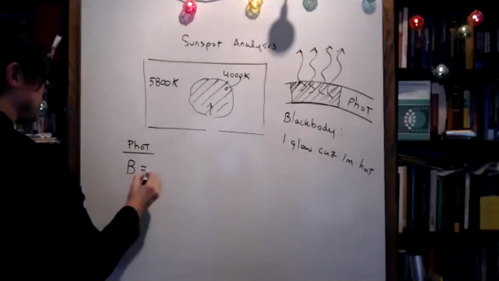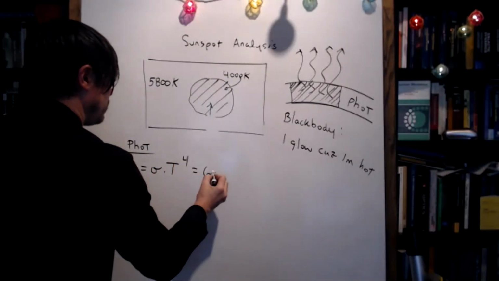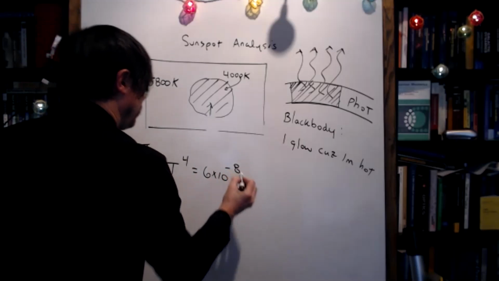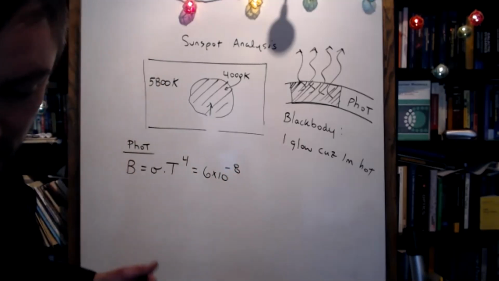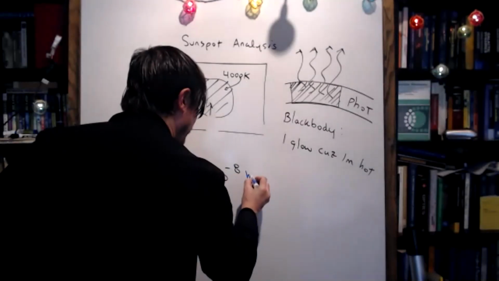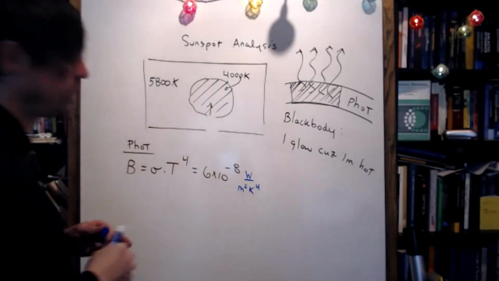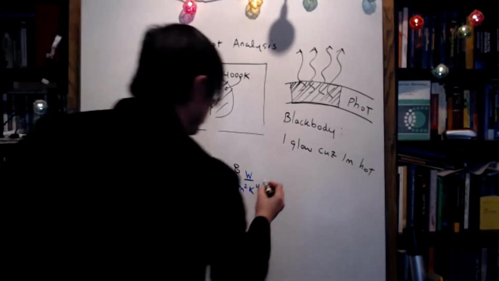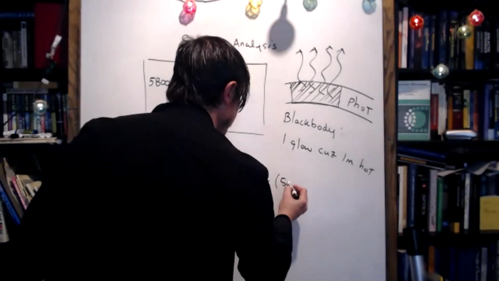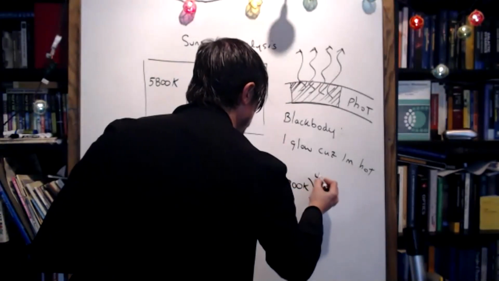The brightness, sigma times T to the 4th. Sigma is the Stefan Boltzmann constant, which is 6 times 10 to the minus 8 watts per meter squared per Kelvin to the 4th, times the temperature, 5,800 Kelvin to the 4th power.